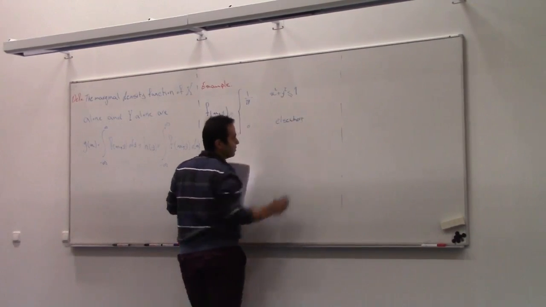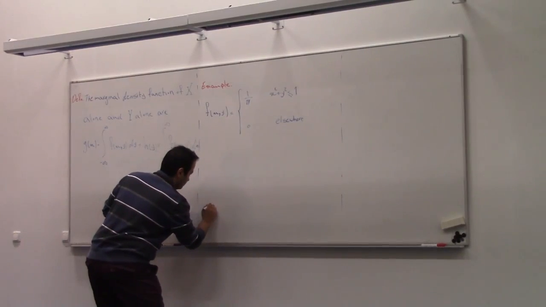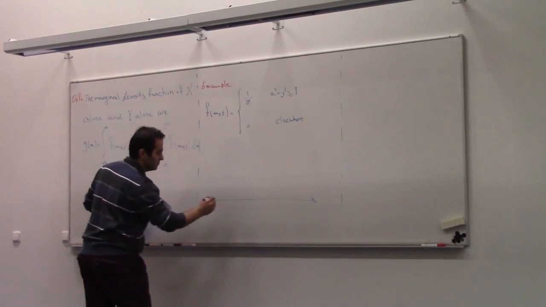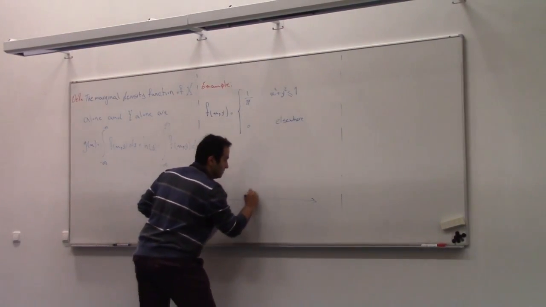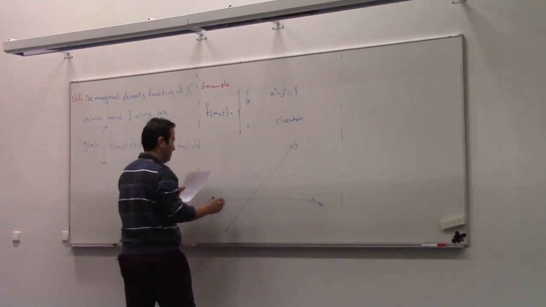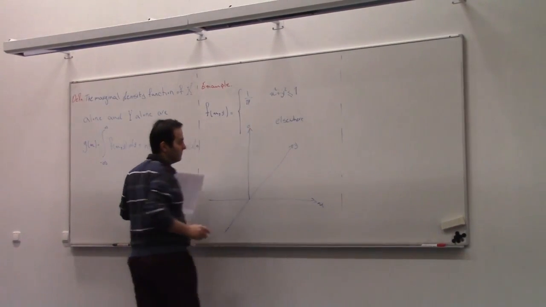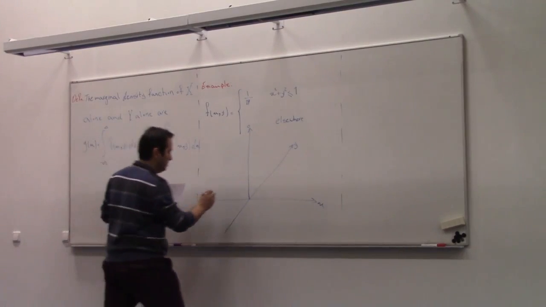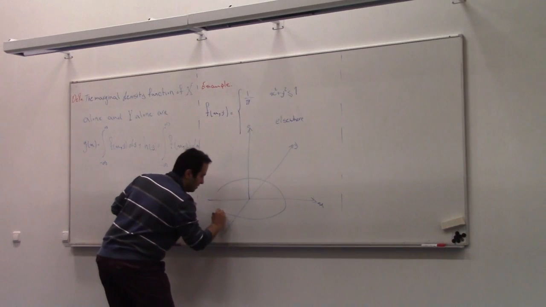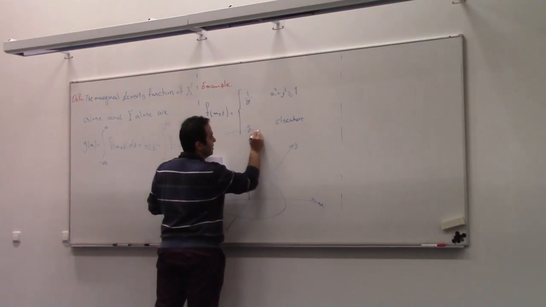There. Okay, and also we have a shape like this, x, y. Also we have a shape here.